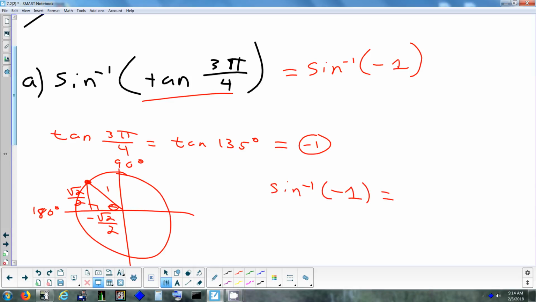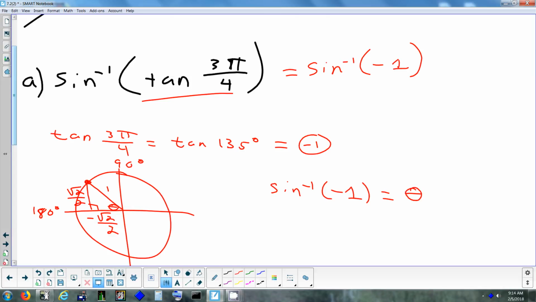Whenever you do inverse trig, the answer is always an what? Anytime we do inverse trig and then you hit enter, the number that you get represents an angle. So we know that that's going to be equal to an angle.